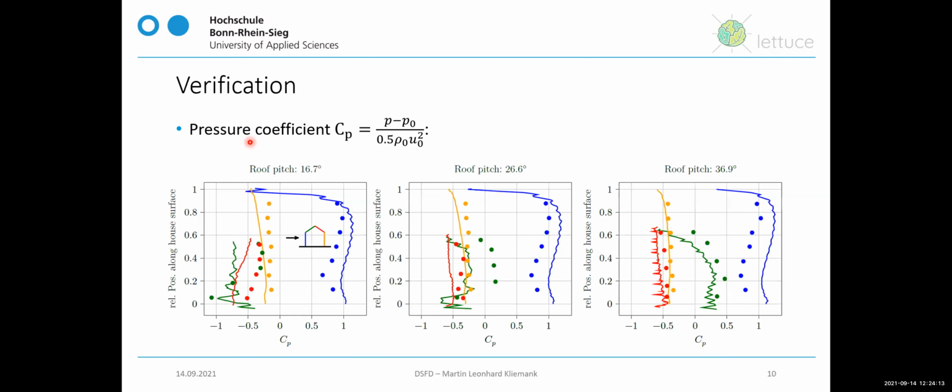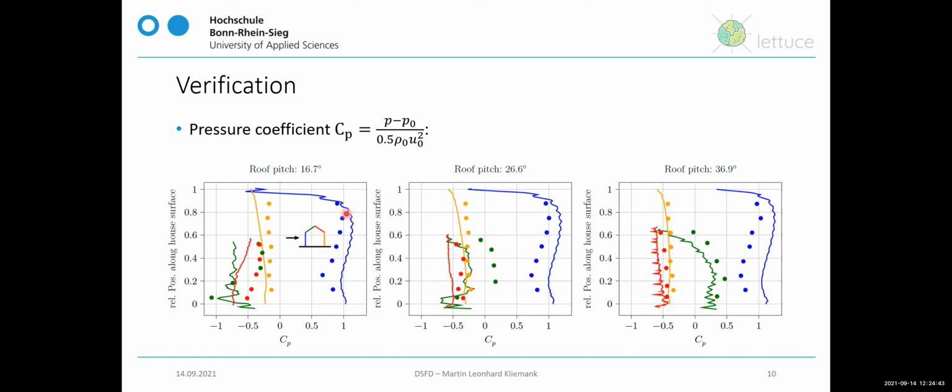Then we have to look at the pressure coefficient as well, which is just the difference of the local pressure to the reference pressure divided by the dynamic pressure of the inflow. And here we are looking at, again, the pressure along the cross section of the house. So we have our windward wall here in blue, the leeward wall in yellow, the windward side of the roof in green, and the leeward side of the roof in red.